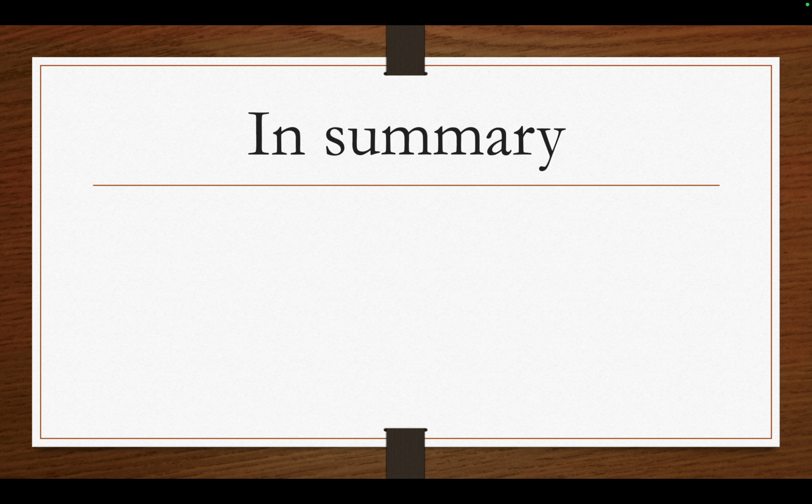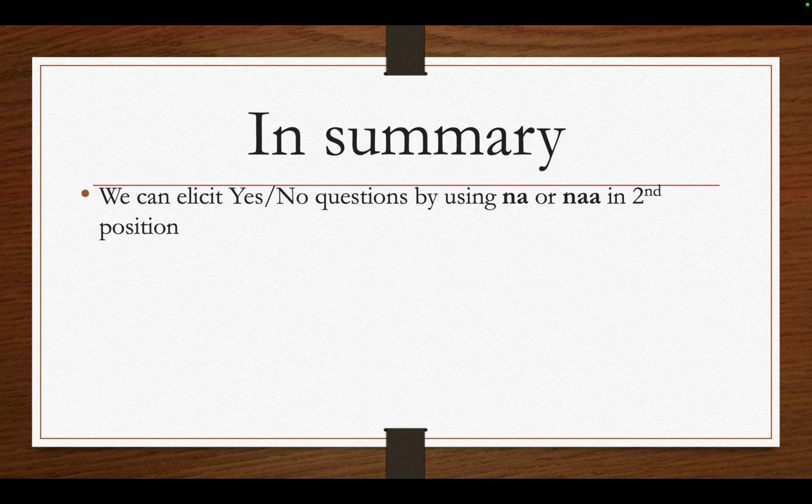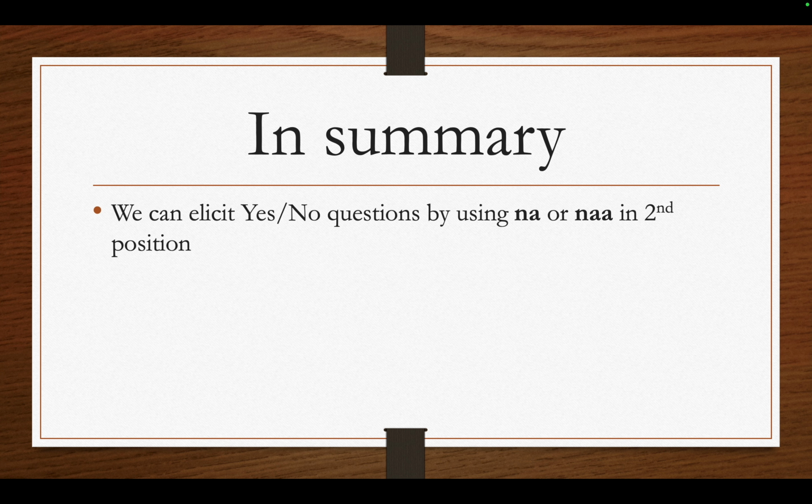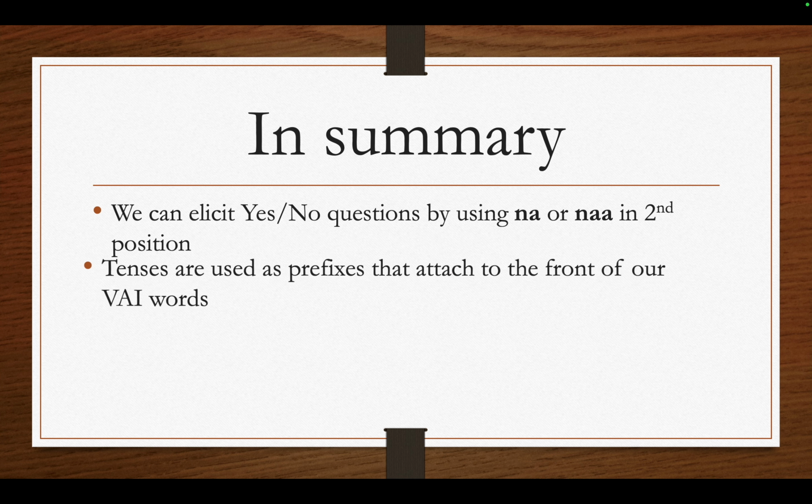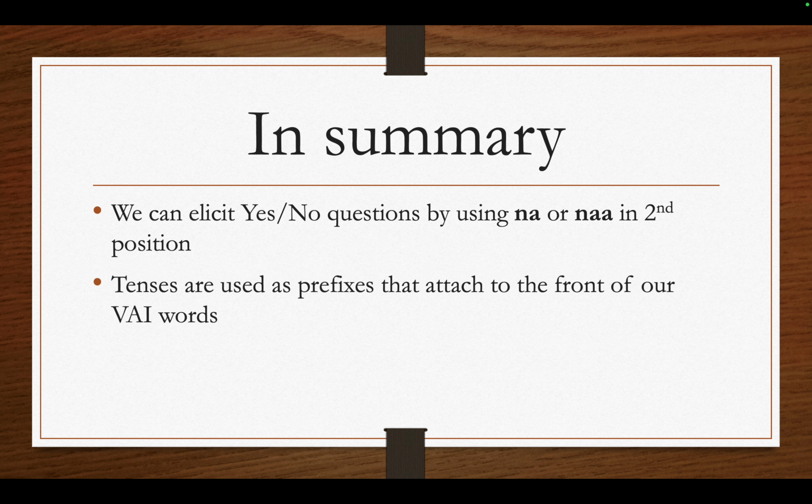All right, so in summary, we can elicit yes/no questions by using na or na in second position. Tenses are used as prefixes that attach to the front of our VAI words. Past tense is our prefix gi. Present tense is already built into the verb.